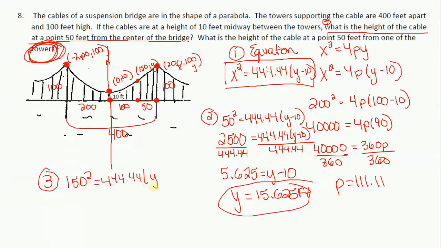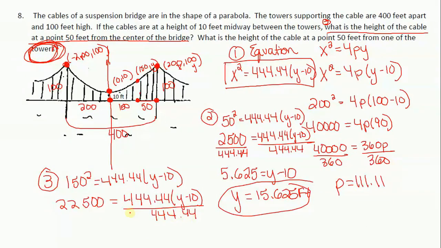So it'll be 150 squared equals 444.44 times y minus 10. 150 squared, that is 22,500 equals 444.44 times y minus 10. Divide by the 444 on both sides. So I will get 50.625 equals y minus 10.